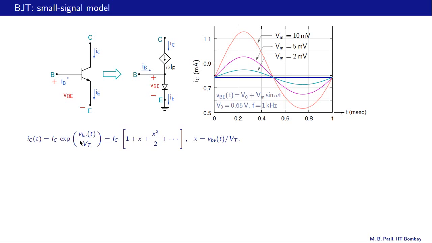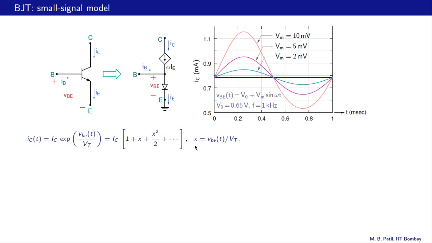Alright, let us now take a specific example, say this one, where vbe is given by Vm sin omega t with Vm equal to 2 millivolts. Let us define a variable x as vbe by VT, where VT is the thermal voltage, 26 millivolts, and vbe of t in this particular case is going to be limited to 2 millivolts in magnitude.